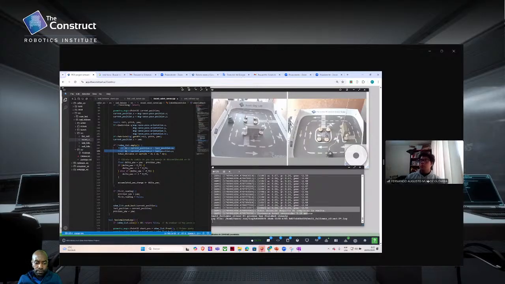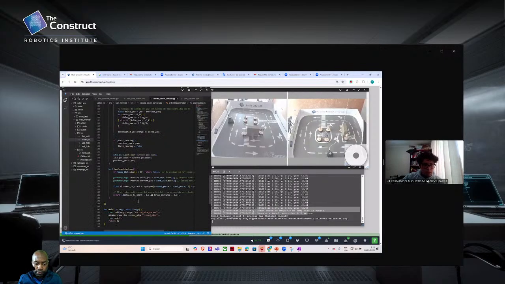And when do you stop the robot? Well, I put the stop-the-robot condition in this part. The distance to start is less than 20 centimeters, and the total distance is more than 3 meters.